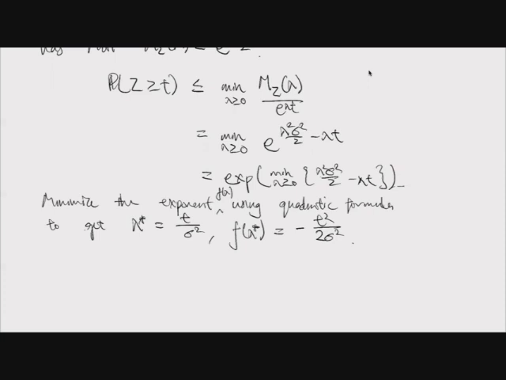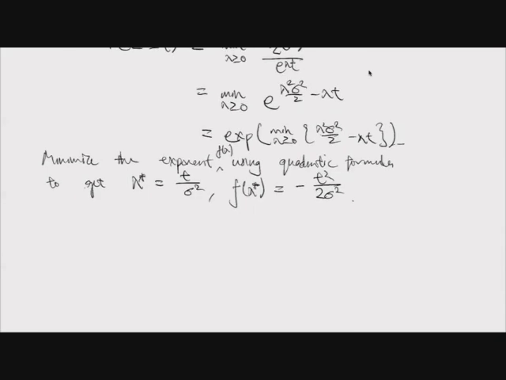I'm just using the formula b squared over 4a, or minus b squared over 4a. Here b is going to be minus t, because that's the coefficient of the lambda term, and a is going to be sigma squared over 2. So you plug all these values in, you get minus t squared over 2 sigma squared.